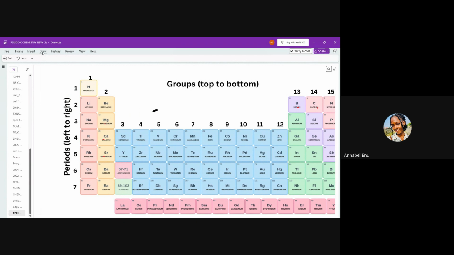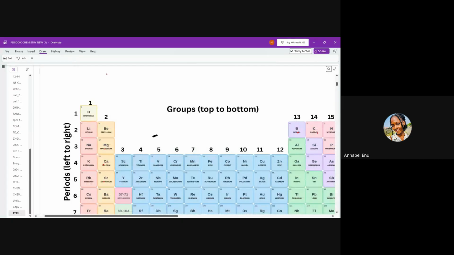Have you all heard about this method of electronic configuration? Have you seen something like this? When maybe in your textbook or in class you see something like 1s squared, 2p squared. Have you seen something like this? And it's called the Aufbau. Okay, Melody has. Who else? We should have Mohammed.